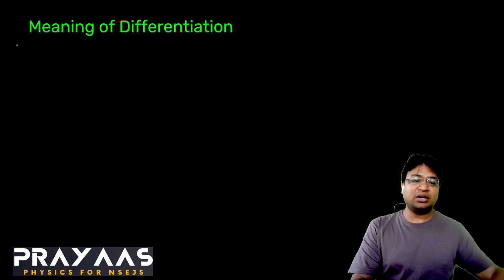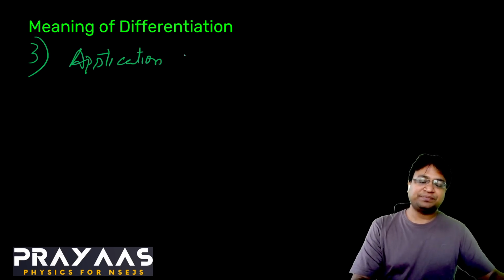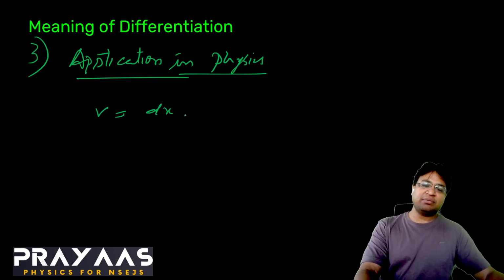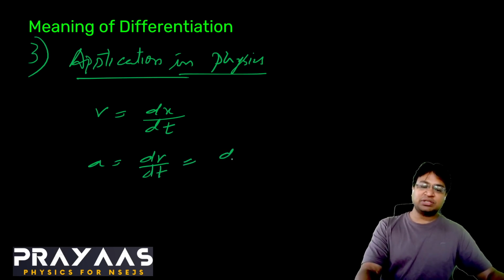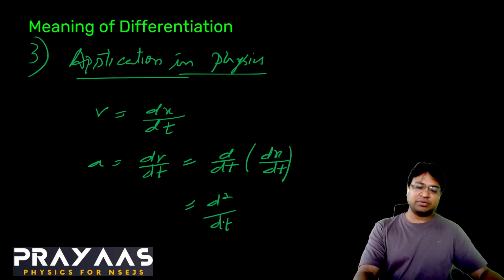Now, the third point that you need to remember is application in physics. While there are many places where it is useful, the most common one is that velocity is described as the time derivative of position, and acceleration is described as the time derivative of velocity, which means it will become the second time derivative of position.